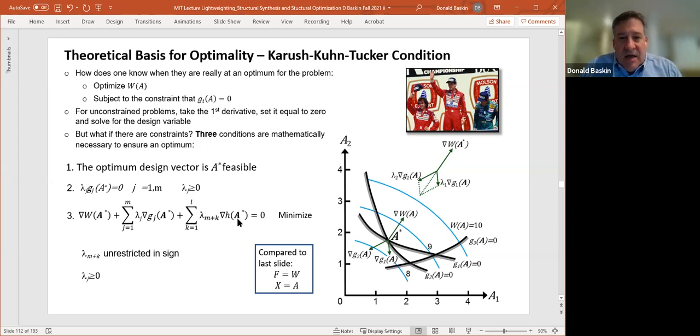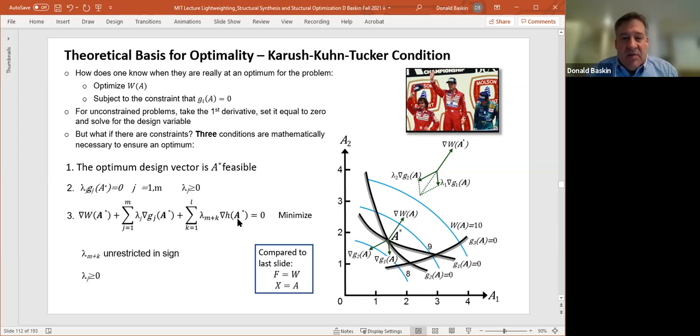Assuming this is a constrained problem, you can't use the first derivative, so you need to find some other way to determine if you've hit an optimum. There are three conditions that must be met mathematically in order to ensure that you're at an optimum. The first one is that the design vector at that optimum, A star, is in a feasible region. Then the Lagrangian multiplier lambda has to be greater than 0.